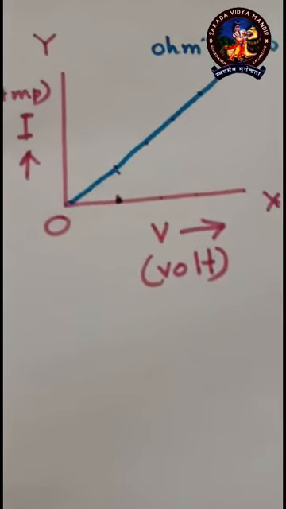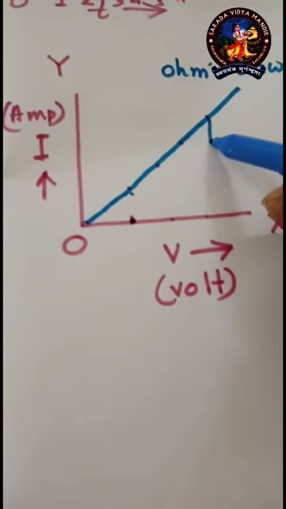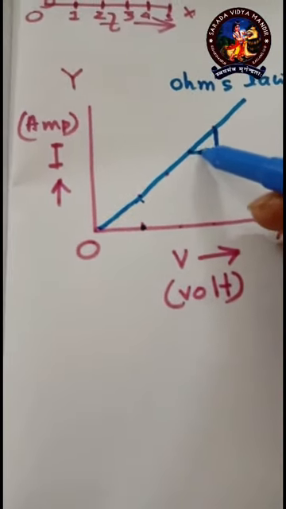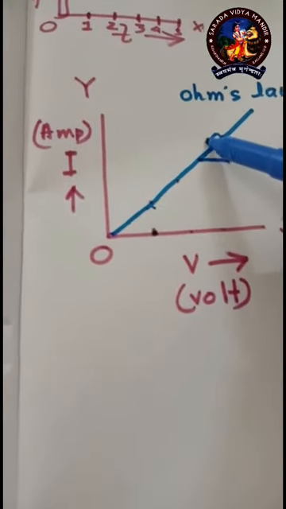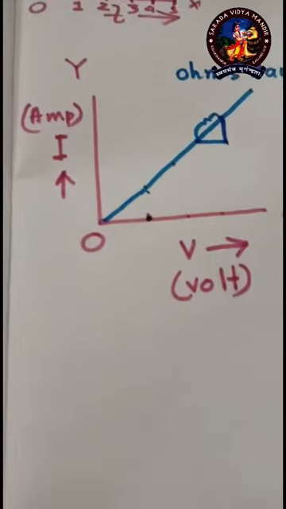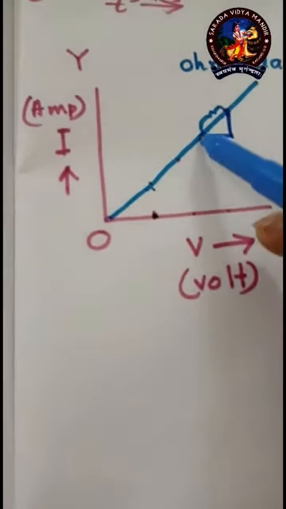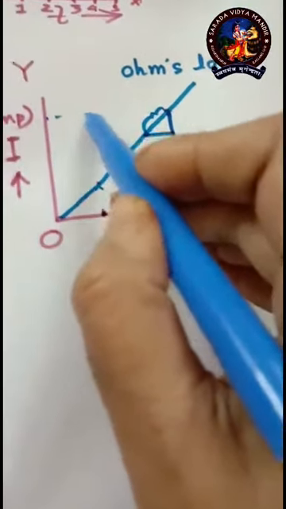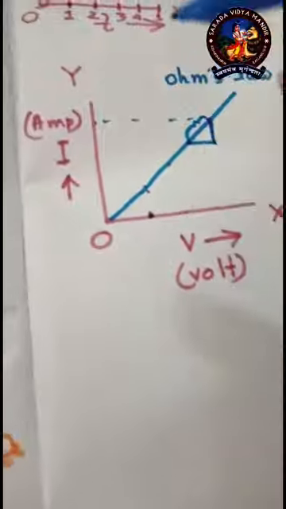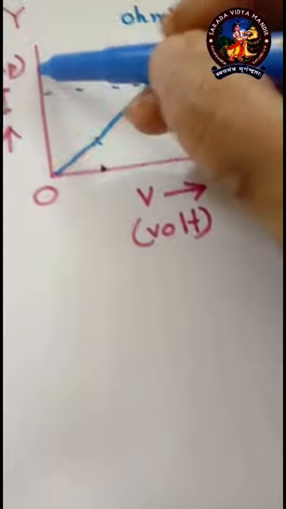Now come to the slope. Just I have discussed what is slope. Now to get the slope, what to do? I will be having one small right angle triangle for a very small section of this graph. Now this is the perpendicular and this is the base. Now if I am just having the lines like this, now you say, what is this?